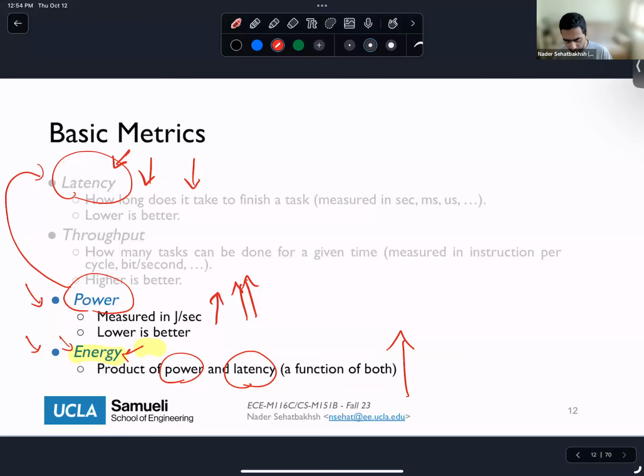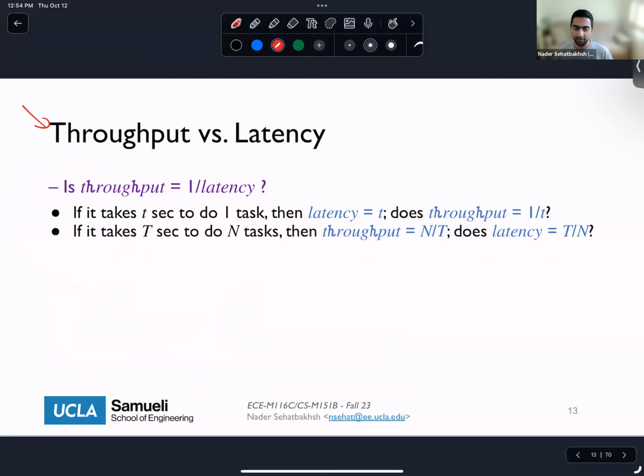All right. So one thing that I always get as a question, where people are very confused, is whether throughput is basically 1 over latency. Are these things interchangeable? For example, if it takes t seconds to do 1 task, then by definition latency is t.